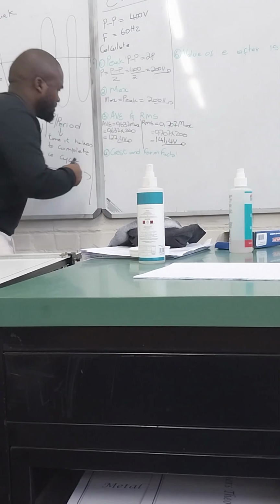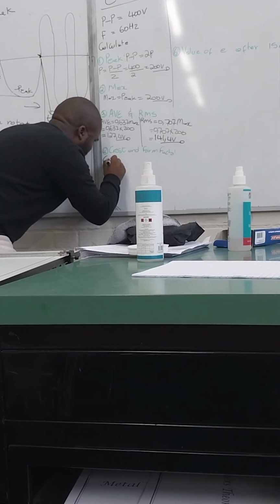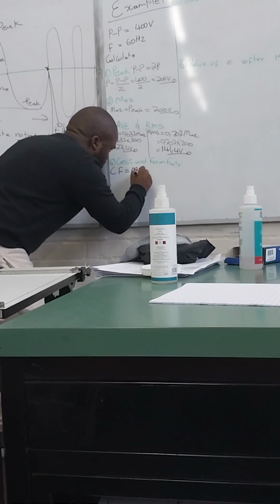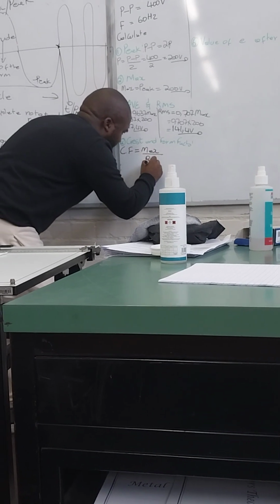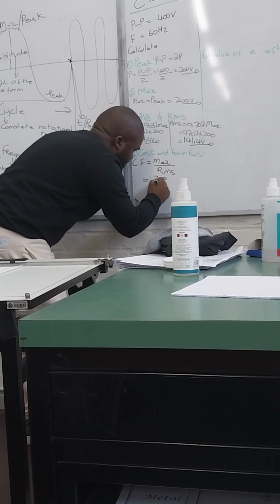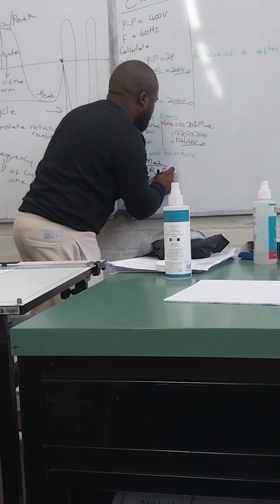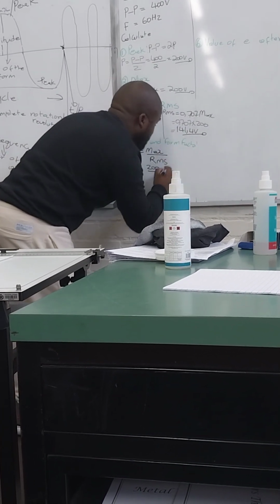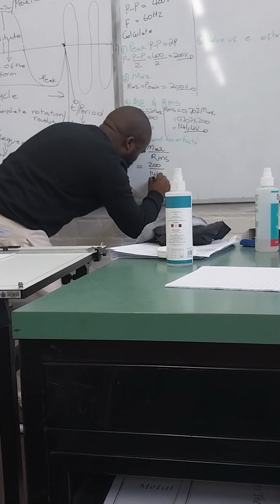The first one is crest factor is equal to maximum divided by RMS. Then your maximum value is 200 divided by your RMS value, which is 141.4.